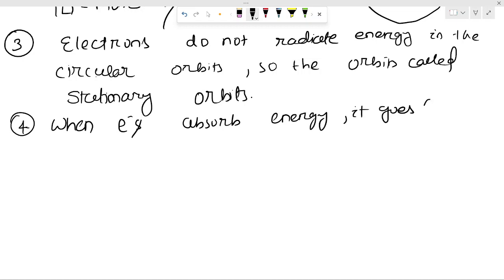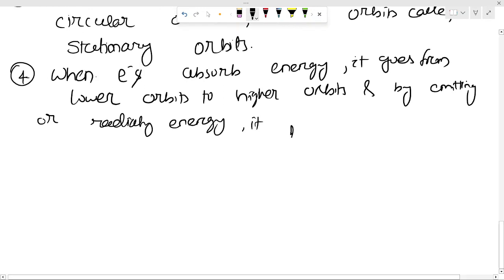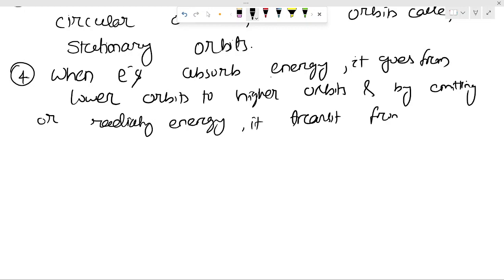It goes from lower stationary orbits to higher stationary orbits, and by emitting or radiating energy, it transits from higher to lower one. Okay, is it clear to you?